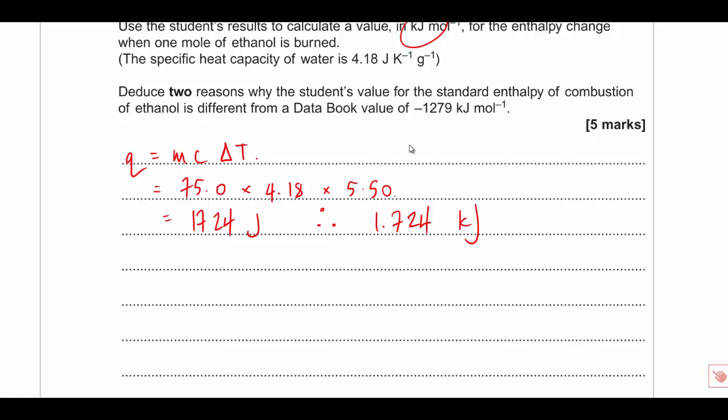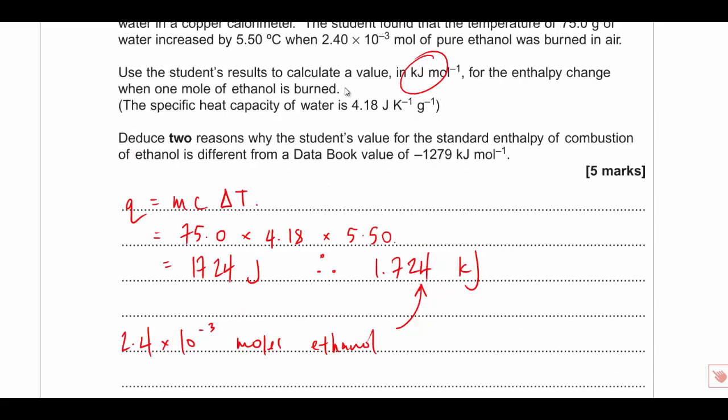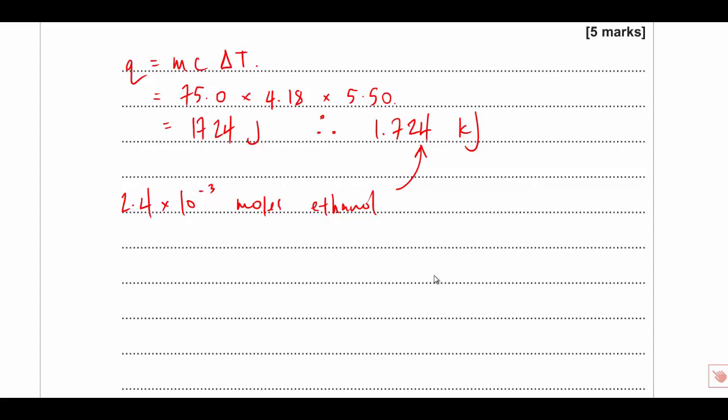Well, 2.4 times 10 to the minus 3 moles of ethanol produced this energy change. So it was 1.724 per 2.4 times 10 to the minus 3. We don't want that. We want it per 1 mole. So, easy thing to do here is divide this by itself.